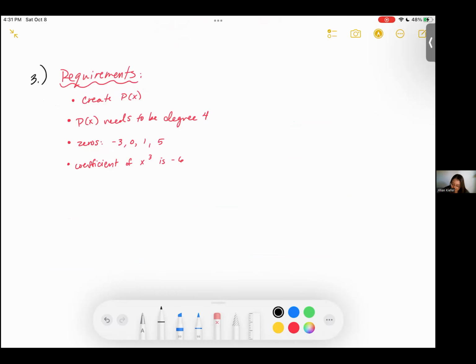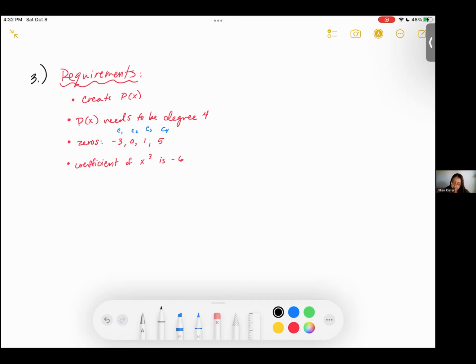One thing that is important to note is that we have the zeros -3, 0, 1, and 5. These are each going to be values of c. We could say this is c sub 1, c sub 2, c sub 3, and c sub 4. If something is a 0, it means that x minus that number is a factor.